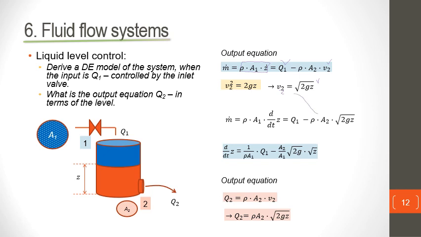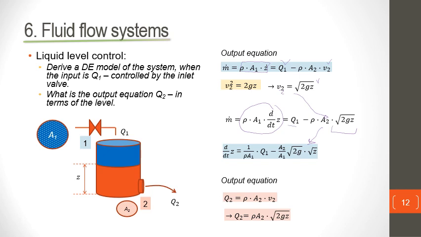Substituting for V2 into the equation, we get that rho A1 dz/dt is going to be equal to Q1 minus rho times A2 times V2, so what V2 is.